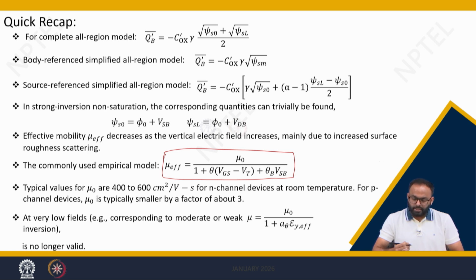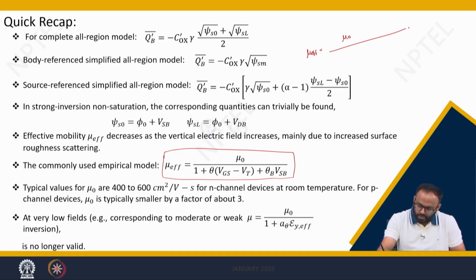Considering the strong inversion region, we model the effective mobility as mu effective equals mu naught divided by 1 plus theta times Cox dash divided by 2 epsilon s into Vgs minus Vt plus 2 gamma square root of phi naught plus Vsb minus 1 minus 0.5 alpha into Vds.